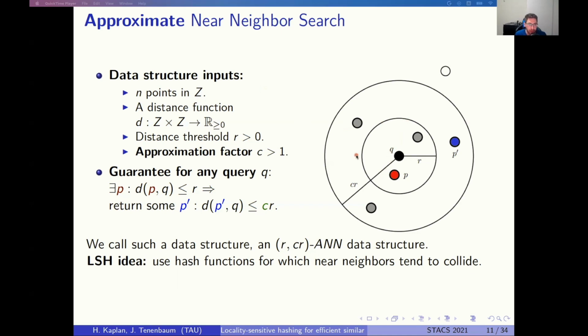The guarantee such a data structure must satisfy is that for any query Q, if there exists a data point with distance at most R to Q, for example this P, then we must return a point which is not necessarily P, but is within distance at most CR from Q.